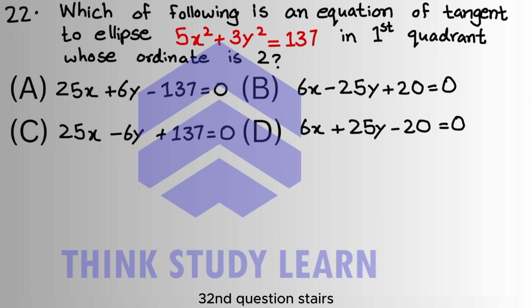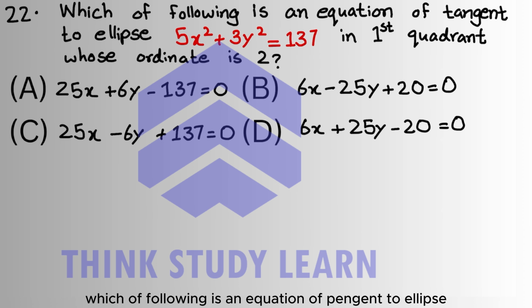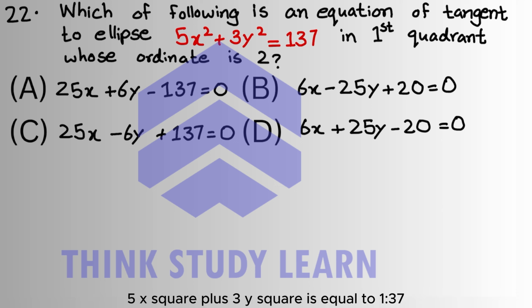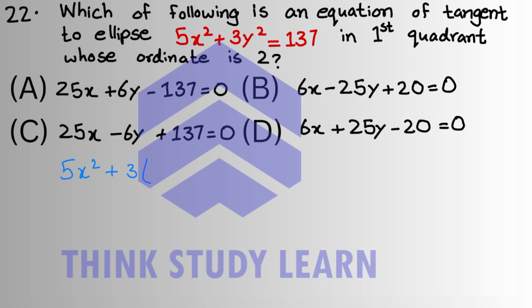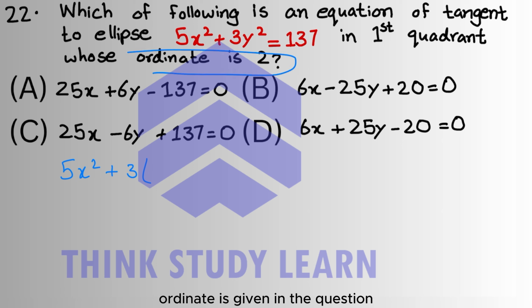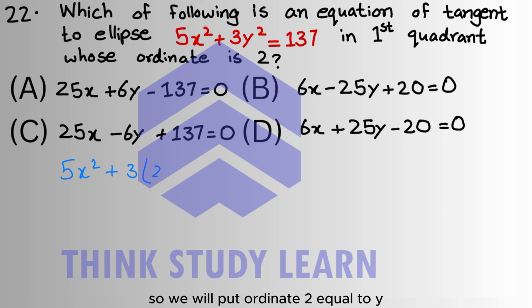The 22nd question states: which of the following is an equation of tangent to the ellipse 5x square plus 3y square is equal to 137 in the first quadrant whose ordinate is 2. So to find the equation of tangent and the point whose ordinate is given, for the abscissa of the point we get 5x square plus 3 into ordinate 2 for y, 3y square is equal to 137, so we will find the value of x, which will be equal to plus minus 5.